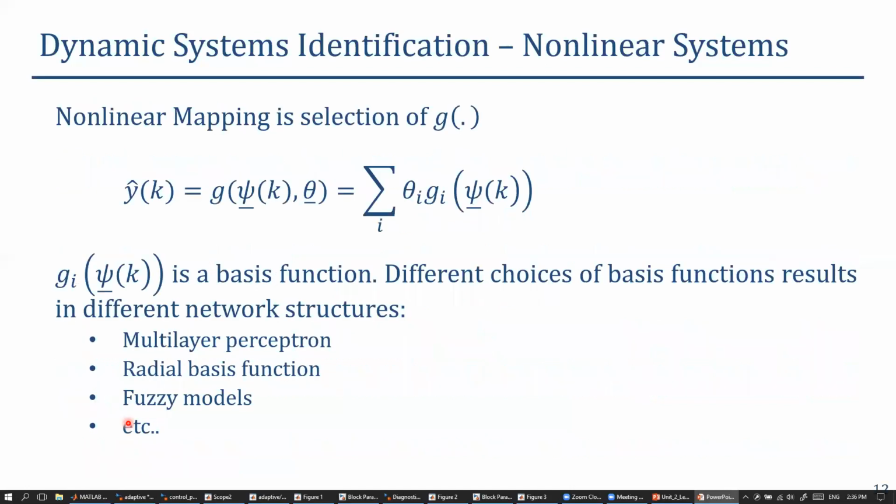Okay, so we said that training, or finding the correct neural network in order to model some system, is the same thing as a nonlinear system identification problem. So nonlinear mapping is a selection of the nonlinear function.